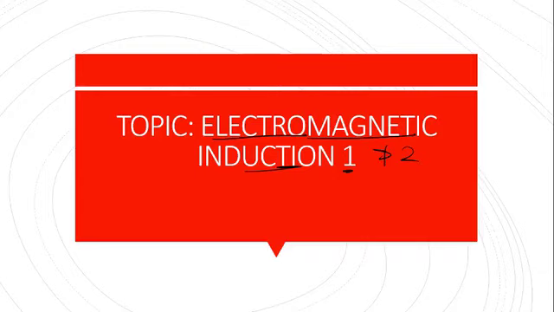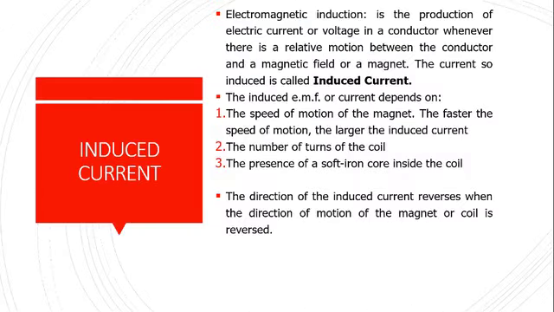Welcome back. In this session, we'll be looking at things such as induced current, and we'll be talking about electromagnetic induction extensively. In our past few lessons, we've been talking about the interactions between electricity and magnetism and their importance when it comes to the generation and transmission of electric current as we know it today.